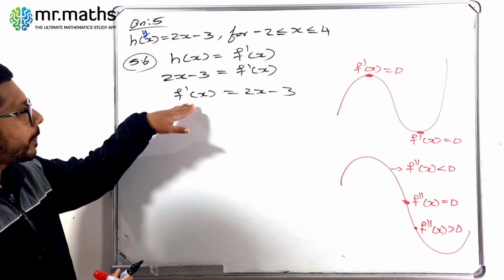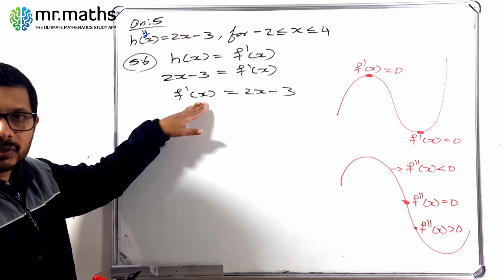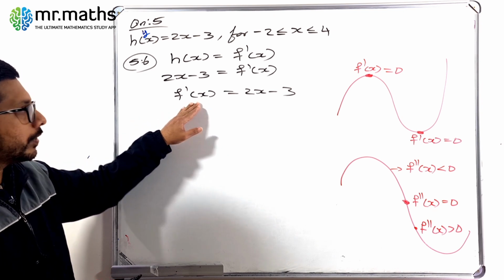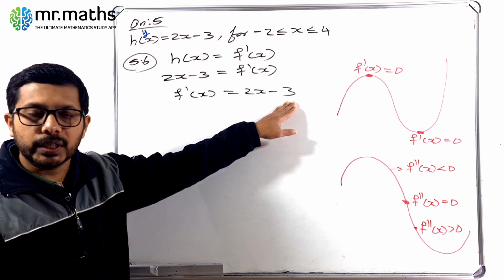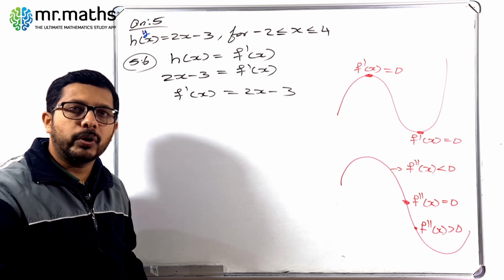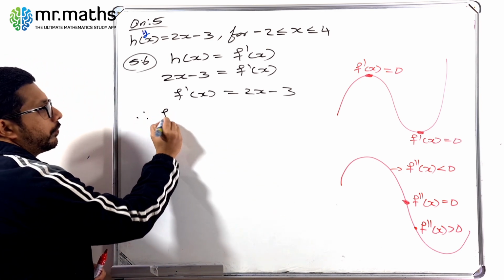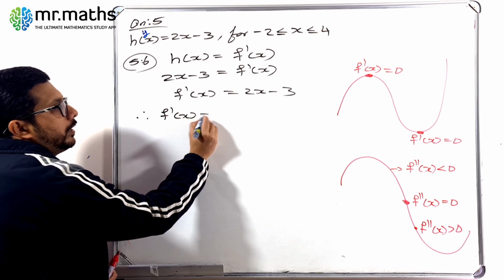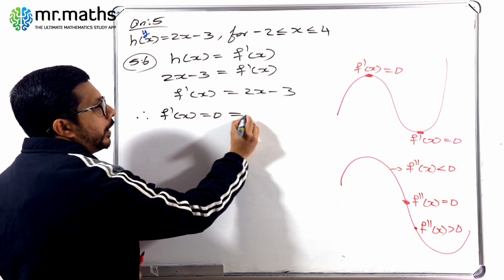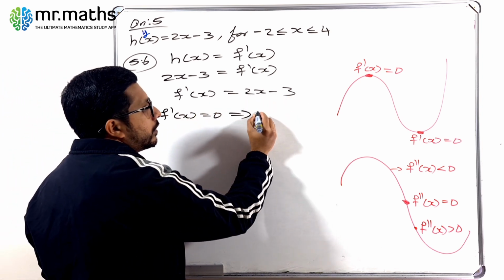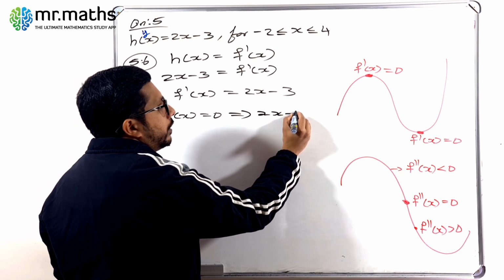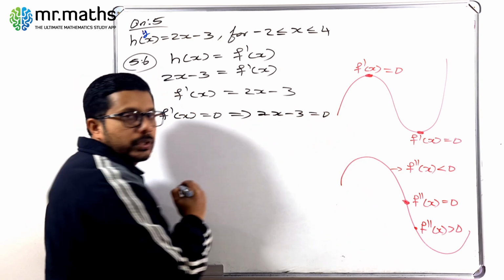Now look at this one. f dash of x stands for first derivative, and what is our first derivative? 2x minus 3. So how can we find the turning point x value? f dash of x is equal to 0 implies that 2x minus 3 is equal to 0.